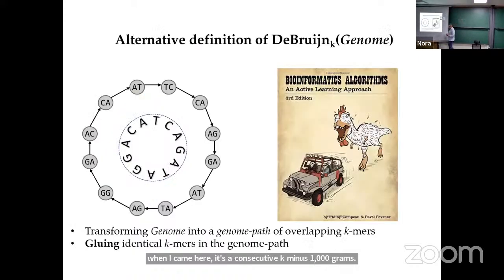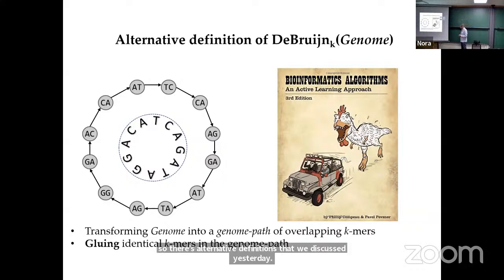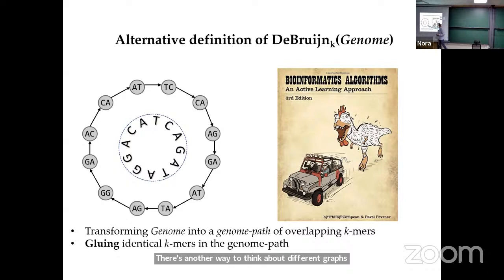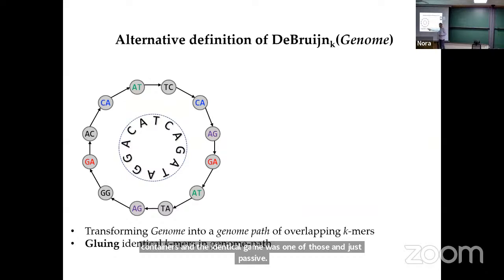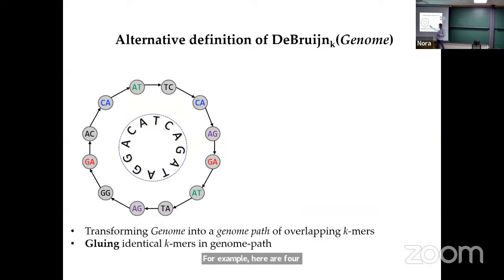And there is an alternative definition that we discussed yesterday: another way to think about the De Bruijn graph is, given the genome, generate a path of all k minus 1 mers, like here, and then simply start gluing identical k minus 1 mers in this path. For example, here are all k minus 1 mers, and I indicated identical ones by the same color.